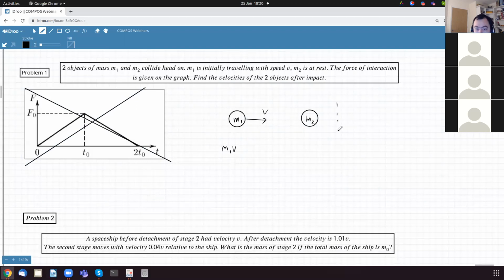Let's say after the collision, m1 moves with velocity v1 and m2 moves with velocity v2. m1 v, that's the initial momentum of the system, because m2 has no momentum, has to equal m1 v1 plus m2 v2. And the problem with this is that it is one equation and two unknowns.